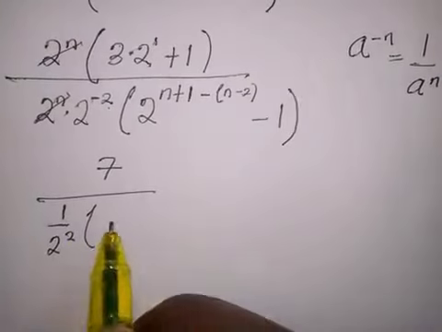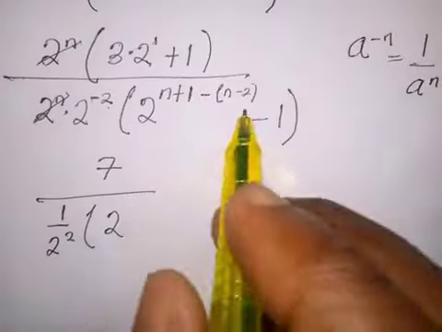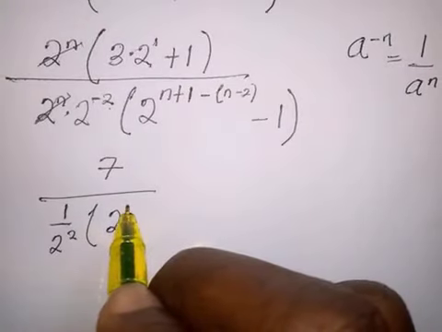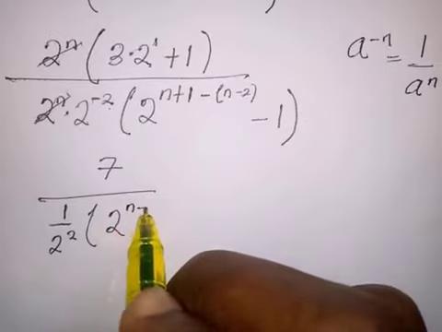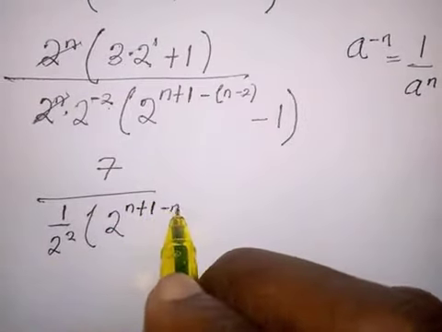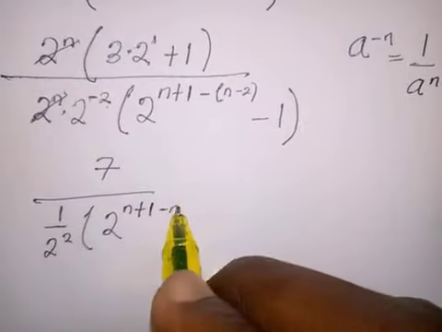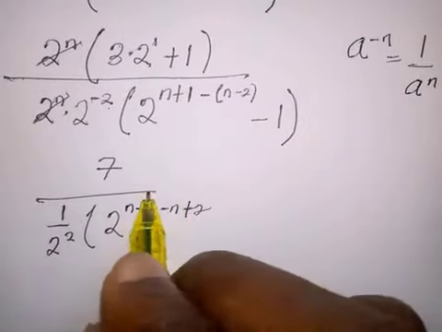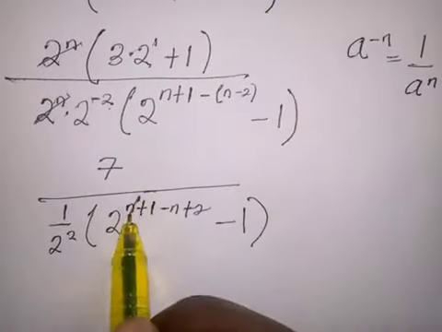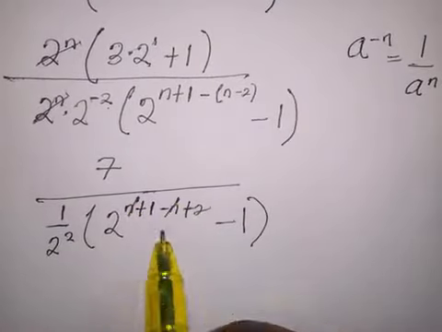So into bracket of 2 raised to the power of, let's open the bracket and do necessary simplification. We have 2 plus 1 minus multiplied by this, that is minus n, minus times minus 2, that is plus 2, minus 1. So minus n and plus n will cancel.